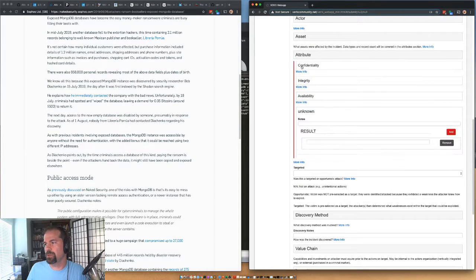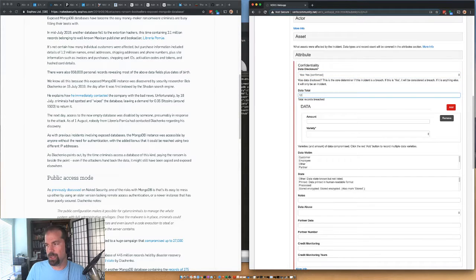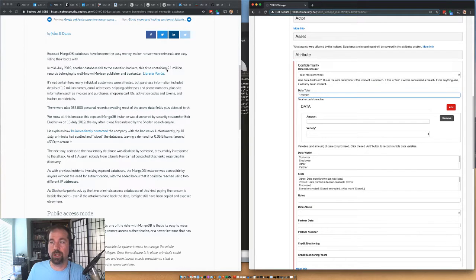And the attribute, we have two. We have the compromise of the data. And again, 1.2 million records at least. Actually, this time I'm going to count all of the... I probably should do this for the other one as well. Do 2.1 total records, but 1.2 million records of personal data.